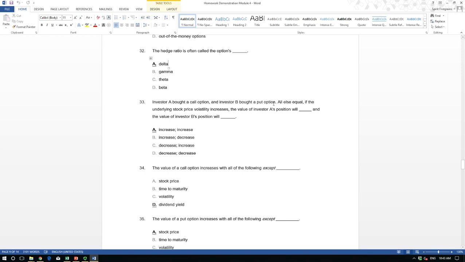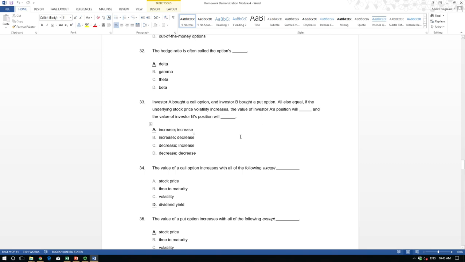B bought a put option, that's a bearish position. If volatility increases, the call option value will increase and the put option value will increase, because volatility has a positive relationship with both call and put options. So it's increase and increase.